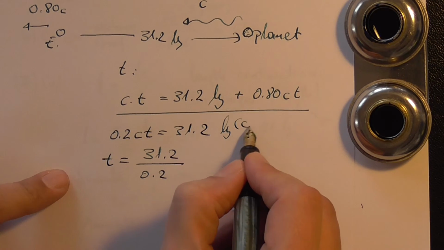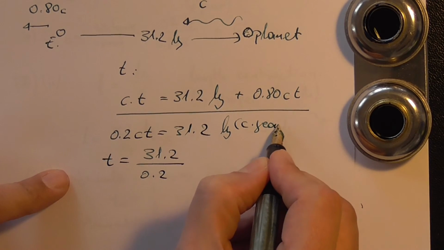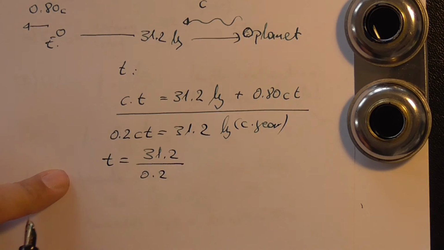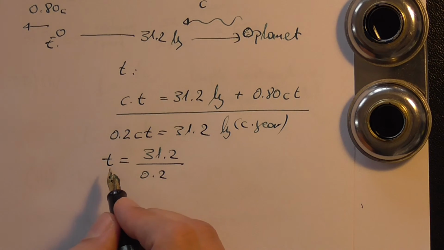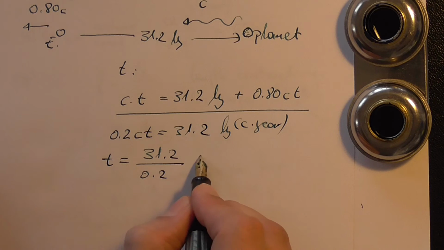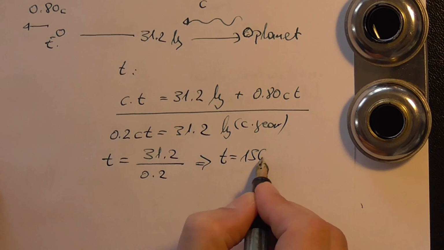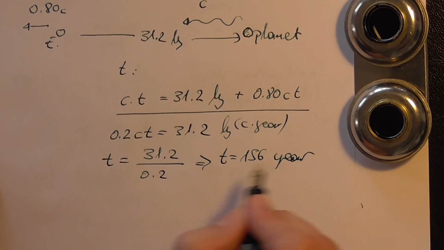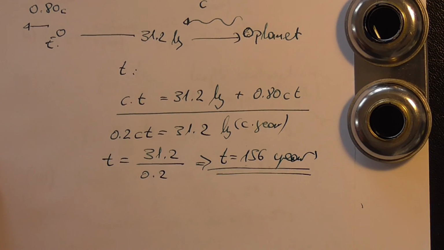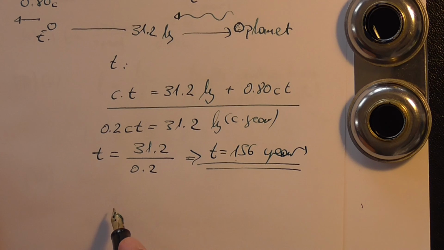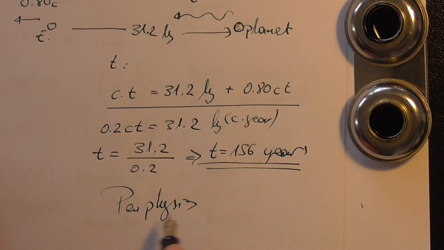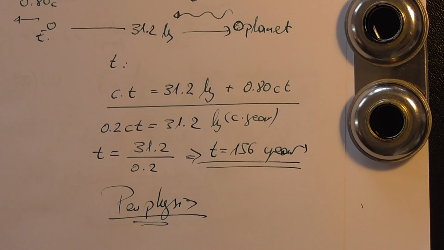So this is basically c times a year. So this c will cancel this c, and the answer will be then in years. One more calculation, 156 years. Done. Okay, good luck.